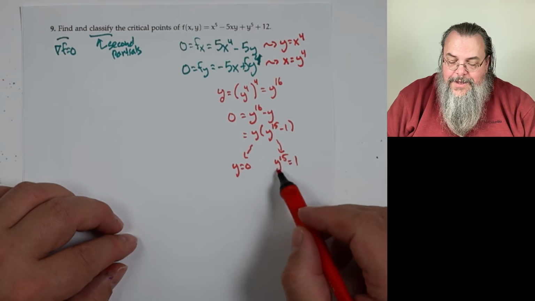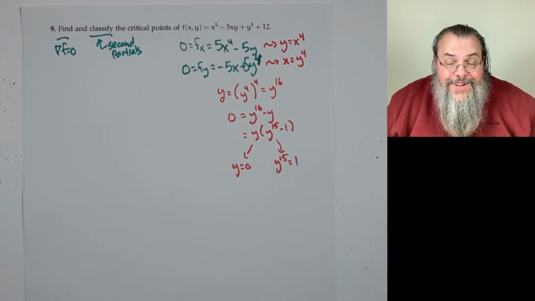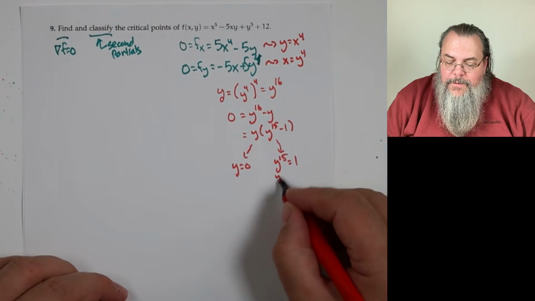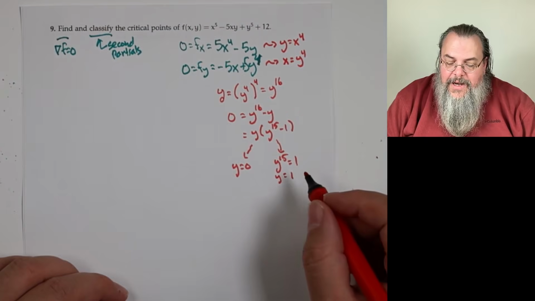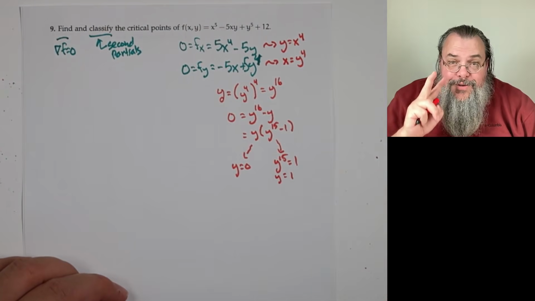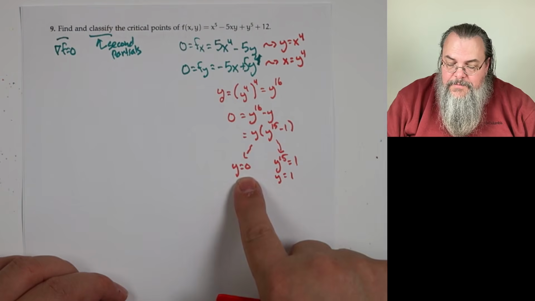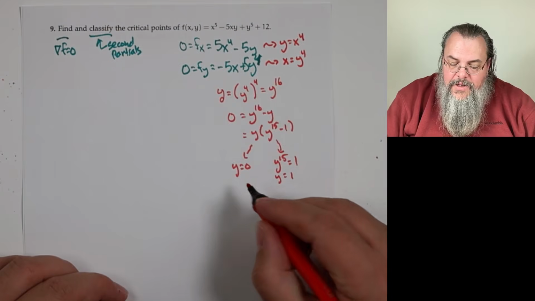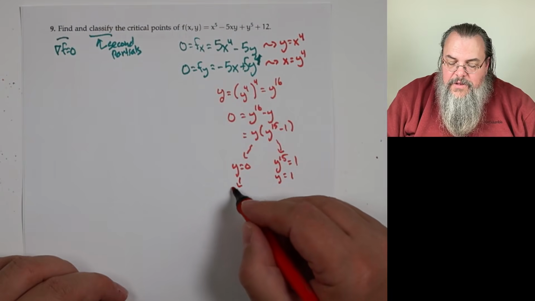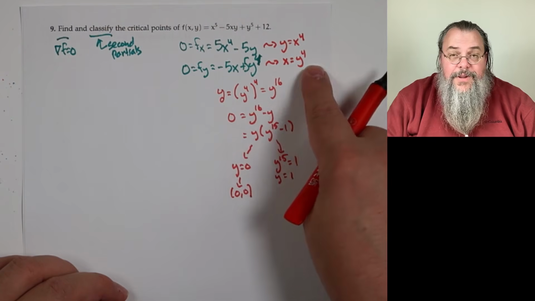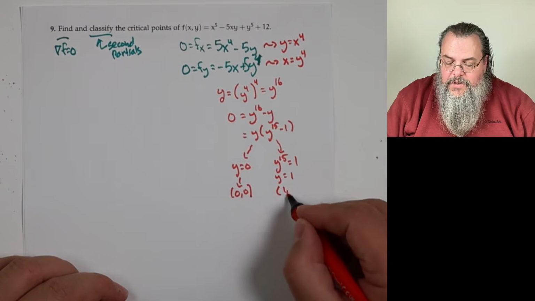Well, there's only one real number that, when you raise it to the 15th power, gives you 1, and that's y equals 1. And so we say, aha, that leads us to 2 solutions. So if y equals 0, x equals y to the 4th, so that leads us to 0, 0. If y equals 1, x is 1 to the 4th, that leads us to 1, 1.